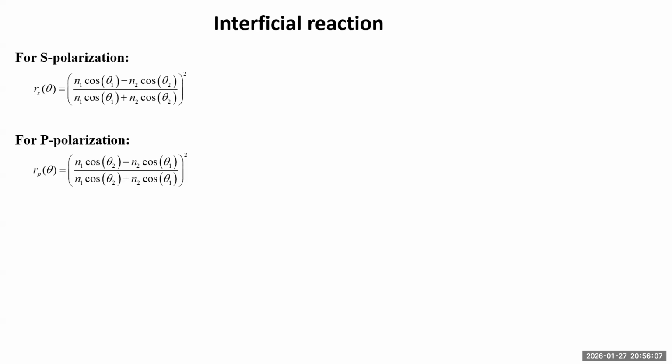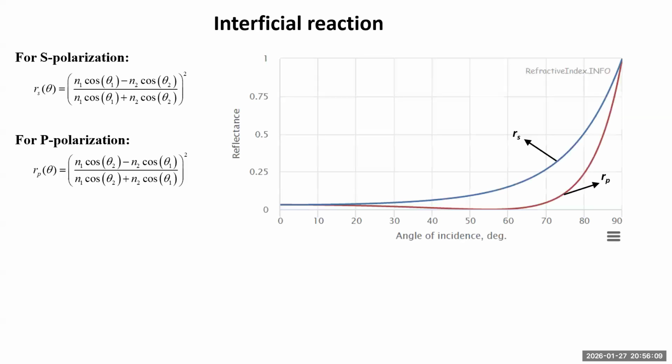But this is opposite for P polarized light, and the figure represents their own reflectance curves. Based on this, we can obtain the final interfacial reflectance, which is equal to half of the sum of the reflectance of S polarized light and P polarized light.